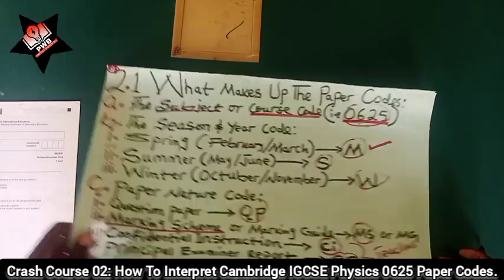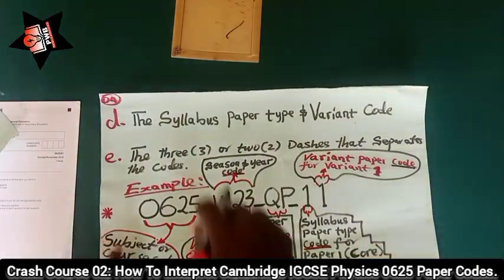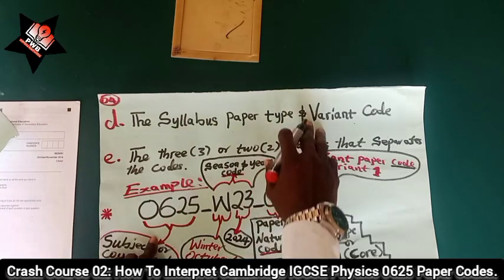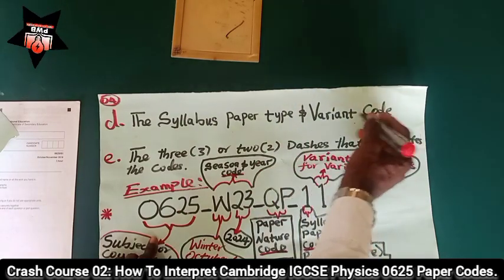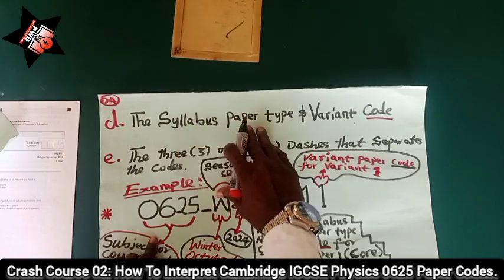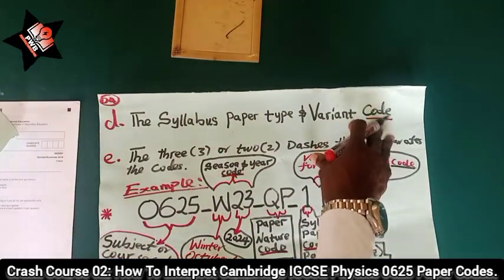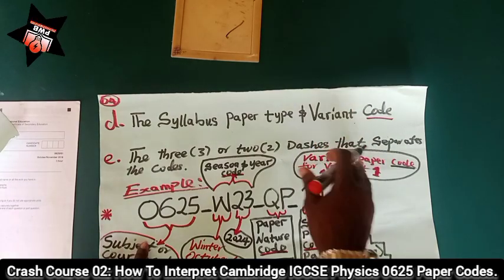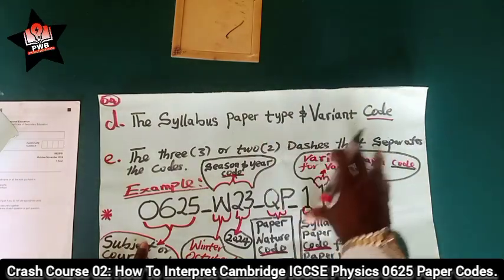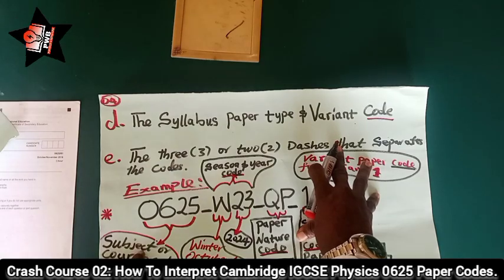So next up, we want to look at the D part. D is the syllabus and paper type / and variant code. Good. This is the last code at the far right. This is the last code you see. This one carries only numeric figures. Good.